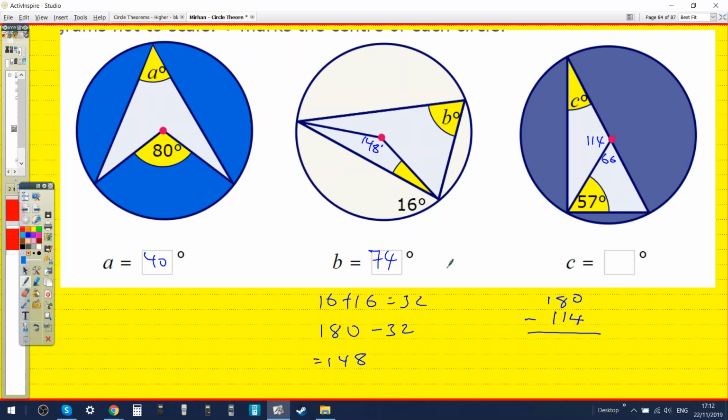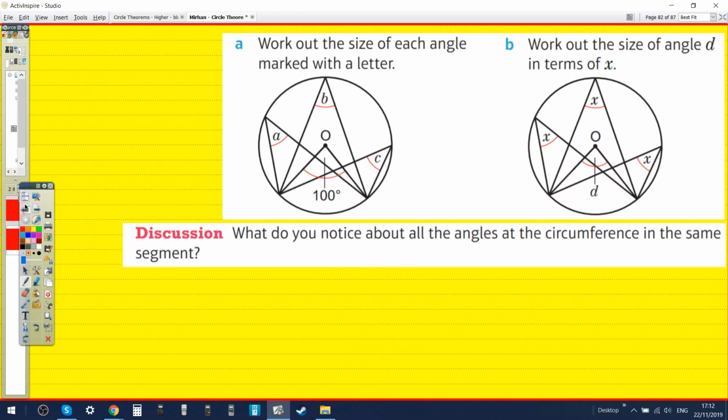Is the angle where 57 is incomplete? Is it 33? Yeah, it's the right angle. Then 114 plus 33 is 147, and 180 minus 147 gives us 33. Makes sense actually. Those two are 33. Well done.